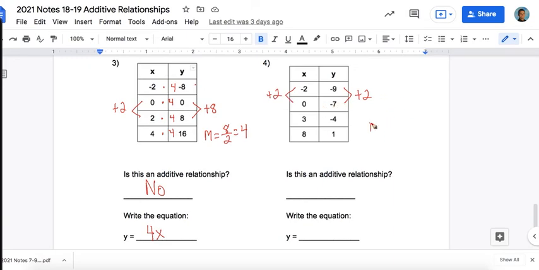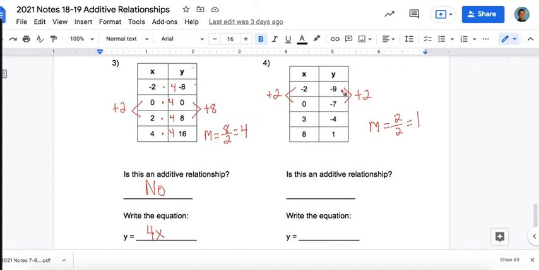So here, my slope is going to be change in y over change in x, so 2 divided by 2, which is 1. So I know the number in front of the x is going to be a 1. Okay? So if the slope is 1, unless it's going through the origin, which we know it's not right here, then we're going to have an additive relationship.